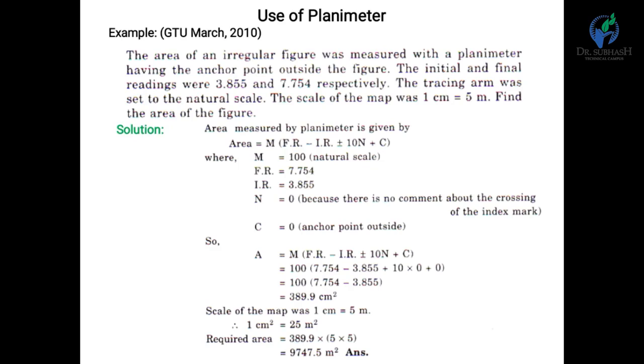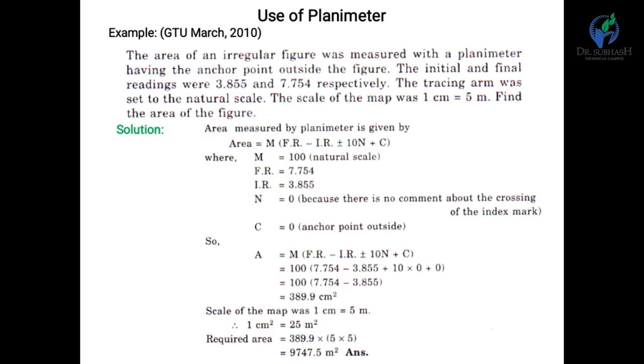Now here is an example on the planimeter. It is generally useful for exam purposes, a very important and easy example for calculating areas using the planimeter.